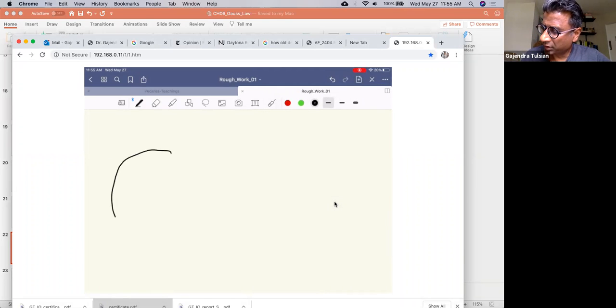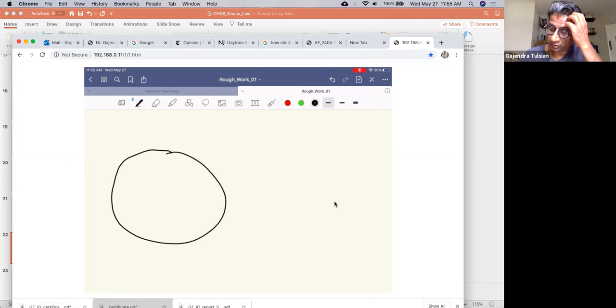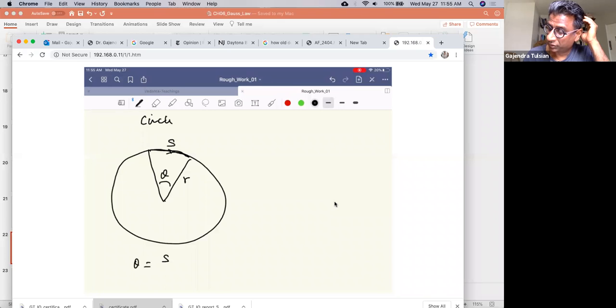So let's say this is a circle, okay. And you guys remember the definition of a radian, angle in radian was S over R. So theta was S over R in the units. So that's how we define a radian.